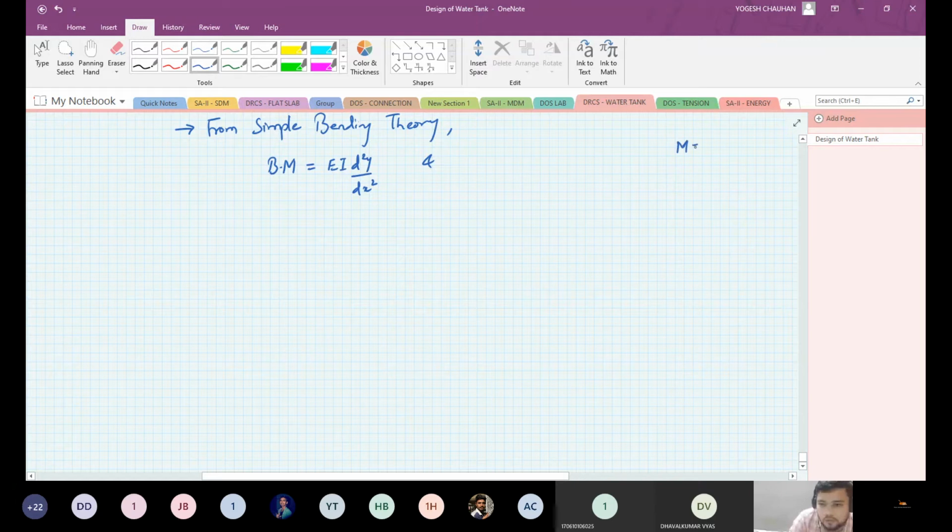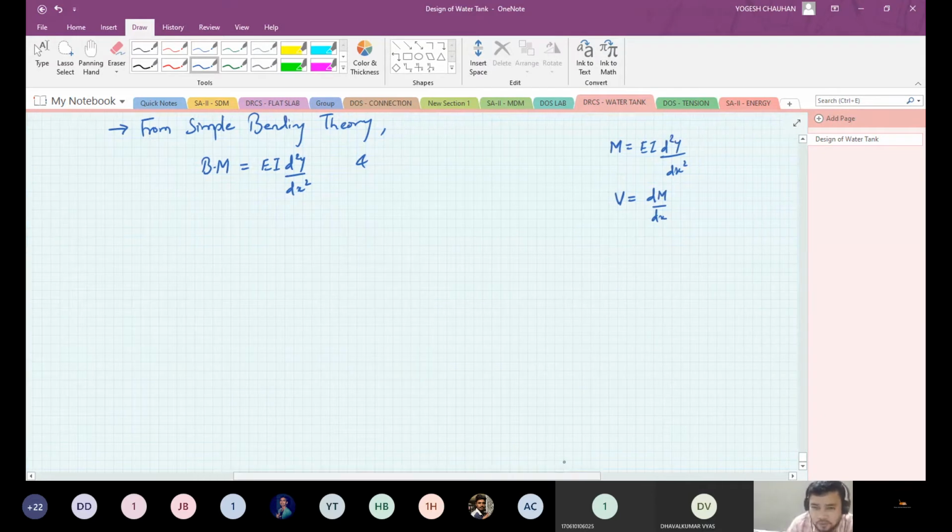The shear force V is equal to dM by dx, the derivative of the moment with respect to x, so that will be EI d cube y by dx cube. The further derivative of shear force, dV by dx, will give you the load intensity.